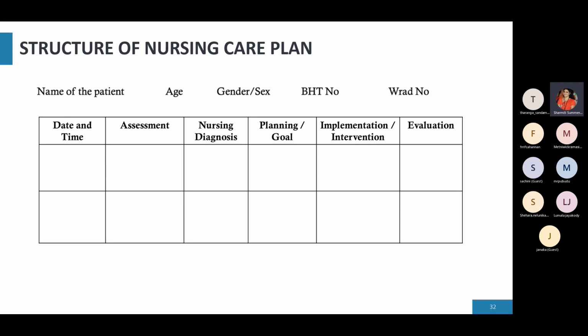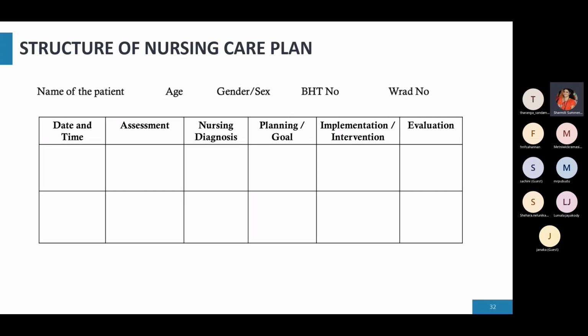In the nursing diagnosis, we are not mainly focusing on the physical disease. Pain is okay, but pain is a physical condition. We are normally thinking about the patient's coping level. Coping level means how the patient is facing the disease condition, whether they are sensitive or not.